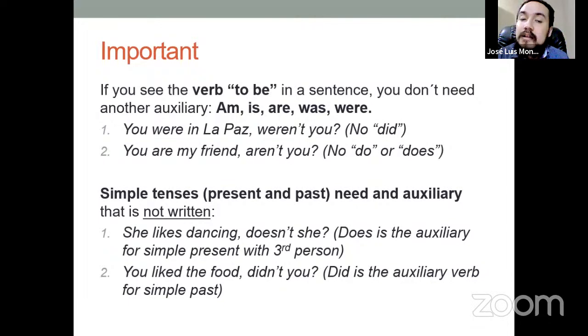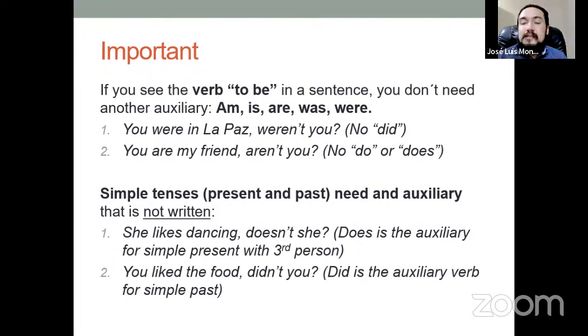So you were in La Paz. We don't have to think of anything but, weren't you? You are my friend, aren't you? So we don't have to think of any other auxiliaries as when we have the simple present with other verbs, not with the verb to be.